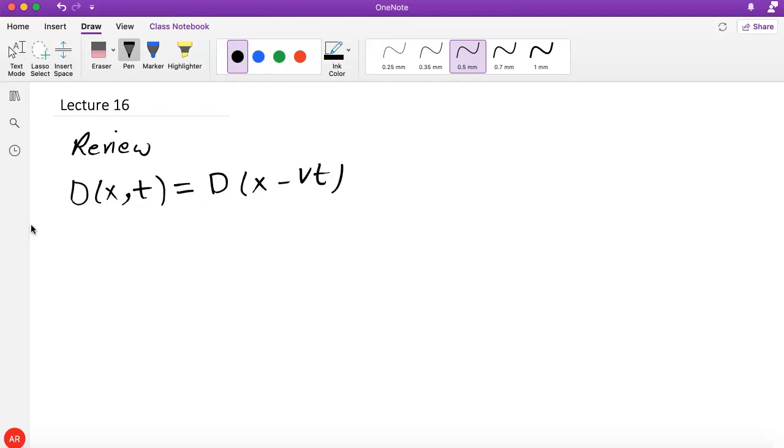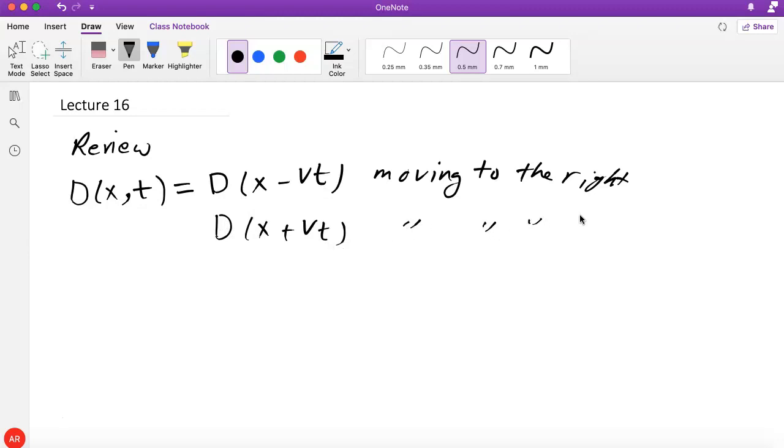This is for a wave traveling to the right. If you have a wave traveling to the left, v becomes minus v, right? It's a negative number. So if you think of v as the speed, it can be d of x plus vt for moving to the left.